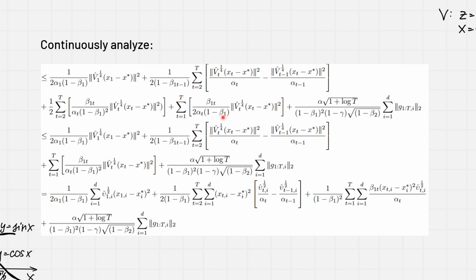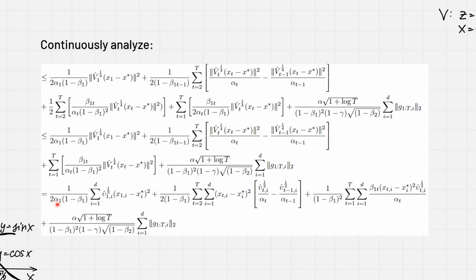And then we multiply this term by a number greater than 1, 1 over 1 minus beta 1. And then here, we change to 1 minus beta 1 squared. Since here it changes to 1 minus beta 1 squared, we found that these two terms become the same. And thus we put them together by multiplying by 2 and get this term here.